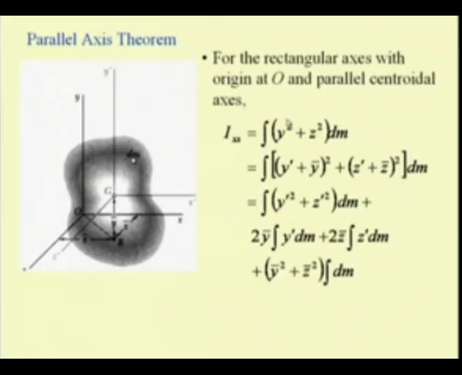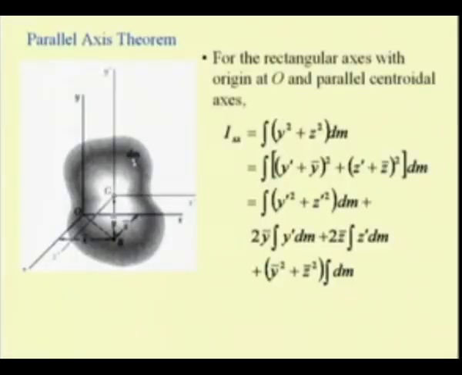Now, we write these y square and z square terms in terms of the centroidal coordinates, that is the coordinate of the element mass in the axis system centered at the centroid, plus the distance by which it has been transformed.